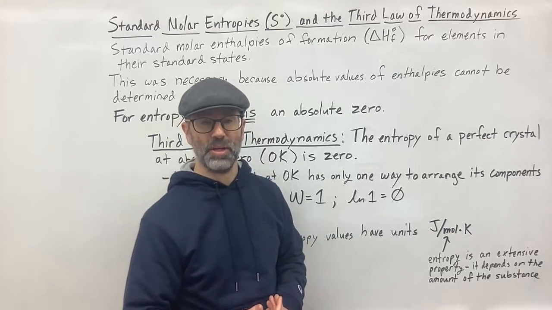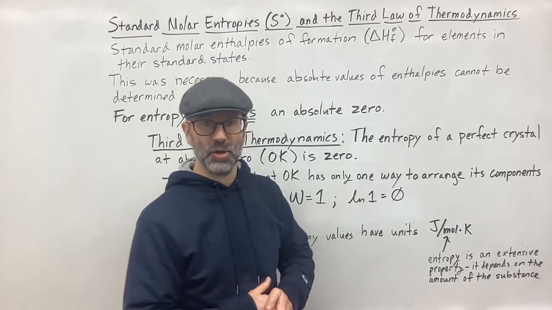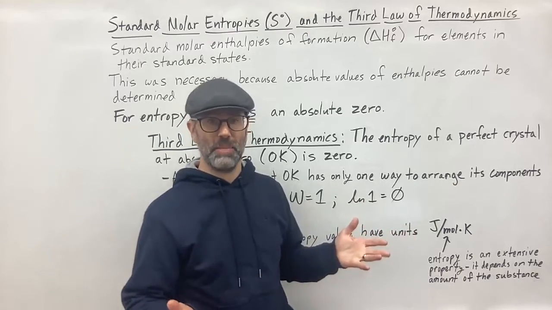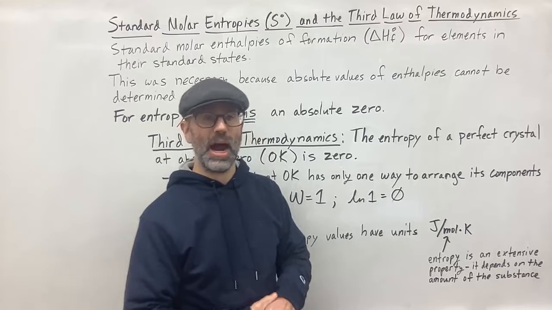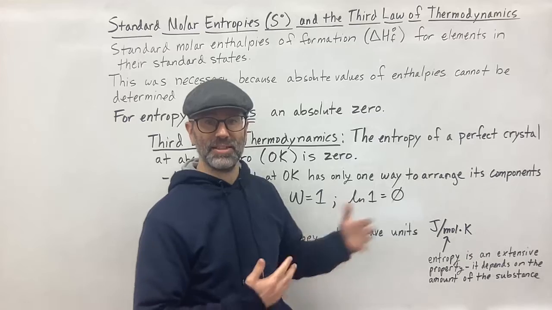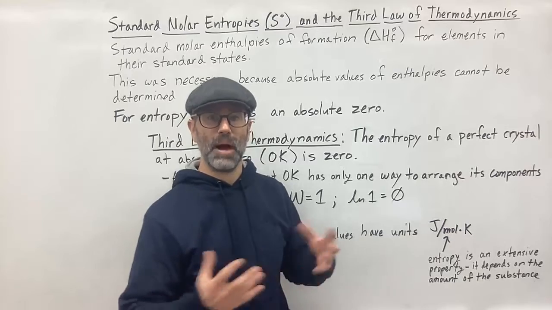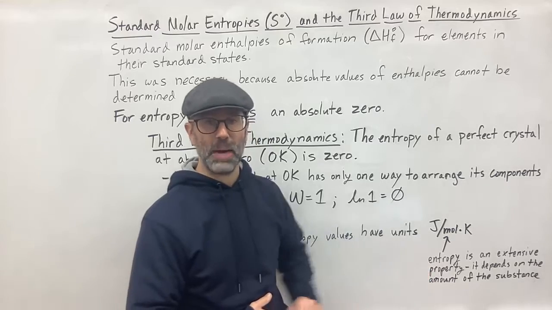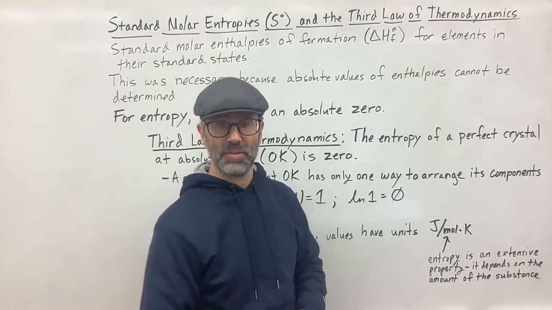Volume is an extensive property too. Those are extensive properties as opposed to intensive properties, which don't depend on the amount of substance you have. For example, density is the same no matter how much of the substance you have. A pound of gold has a density equal to a ton of gold. So entropy is one of those extensive properties that does depend on the amount of substance you have.